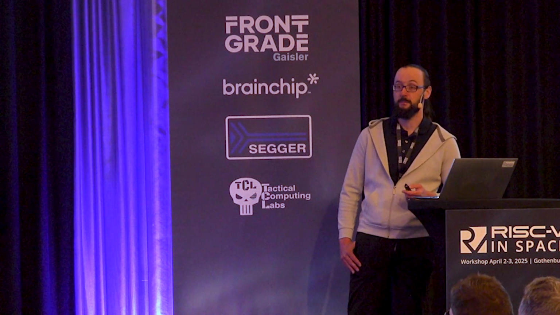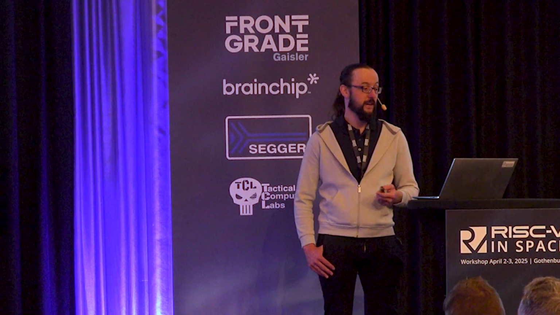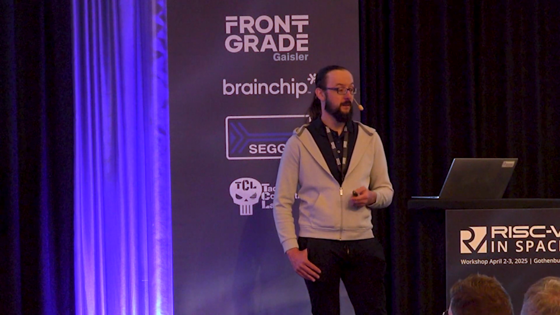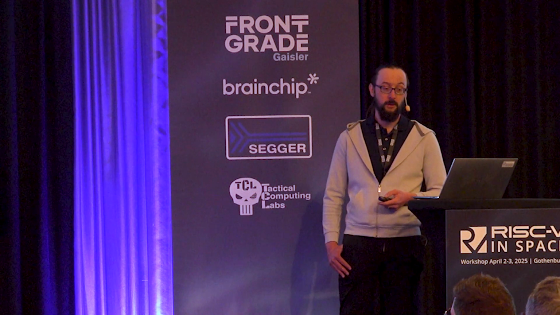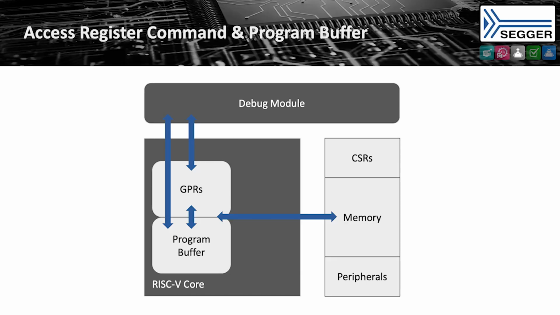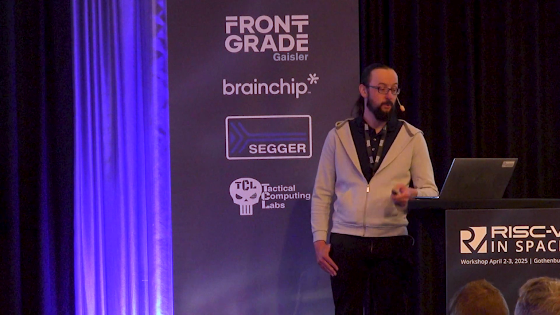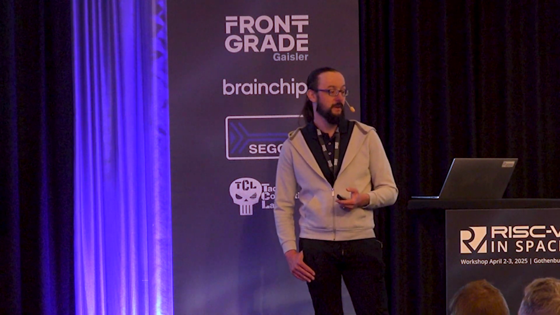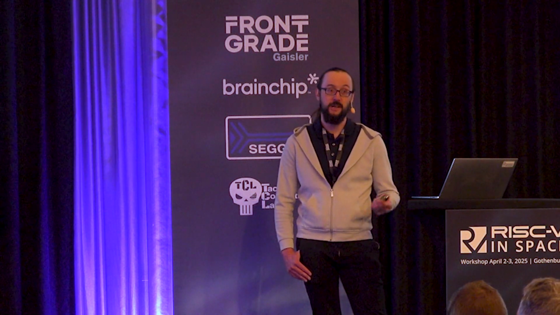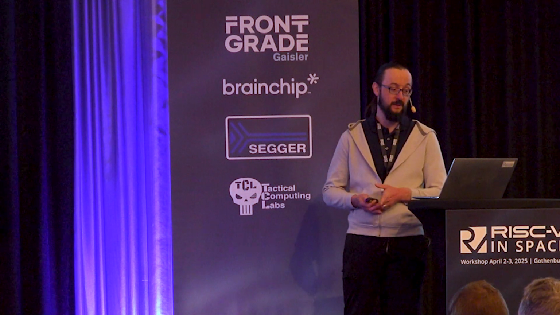The program buffer is a small region from which a core can execute instructions, and the debugger can control the instructions in the program buffer, and with that, let the core perform all kinds of operations. For example, to read memory, the debugger writes a load instruction into the program buffer, sets a register to the address to read, and reads back the result of the executed instruction. And likewise, to write memory, the debugger writes a store instruction into the program buffer, sets one register to the address to write to, and another register to the data to write.